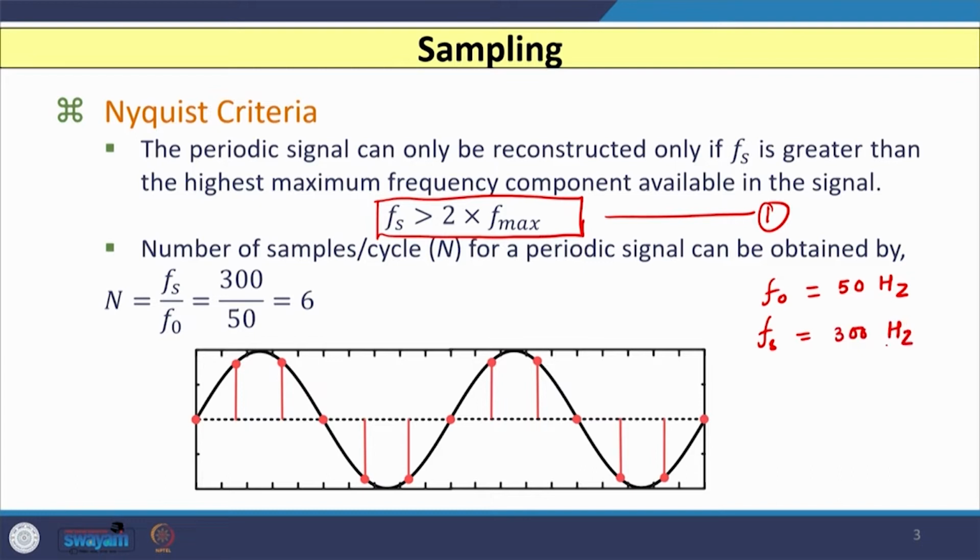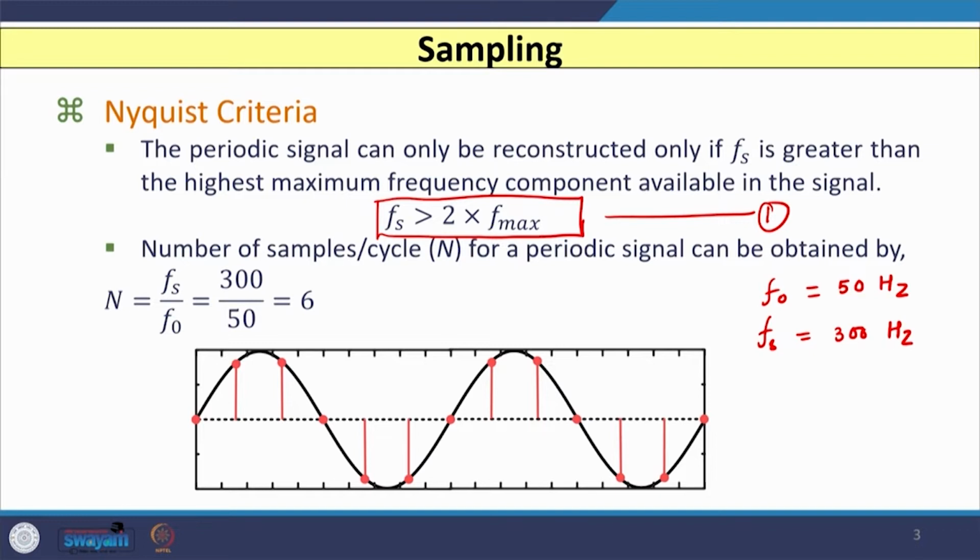With this data we can definitely find the number of samples required for a periodic signal in a cycle.